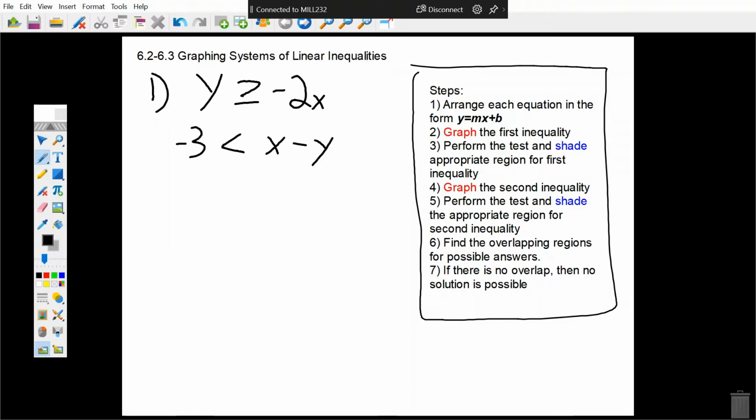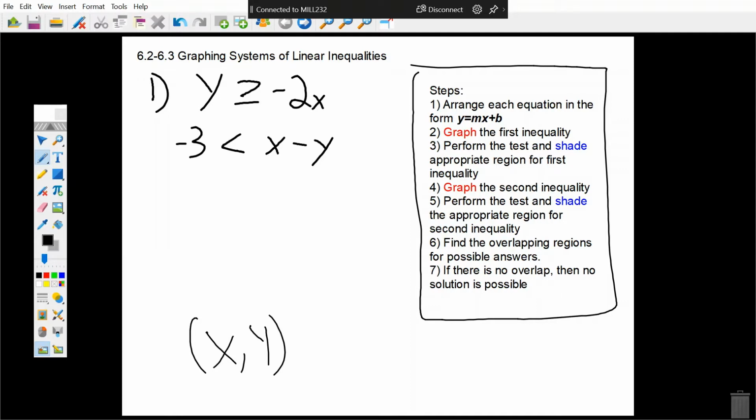We are looking to, in step 6, find the overlapping regions for possible answers, and if there is no overlap, then no solution is possible. So our end goal is to find x and y coordinates that work for both equations, okay? And we do that by finding the overlap in the shaded regions.